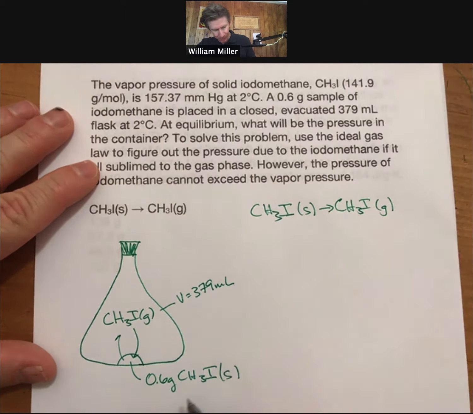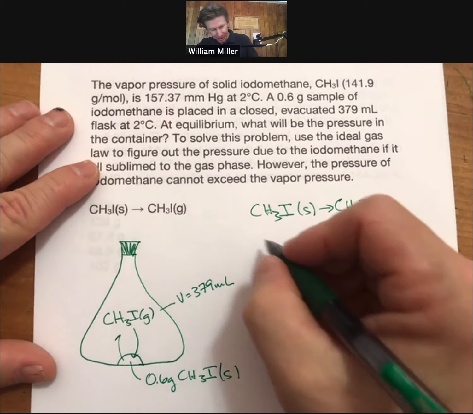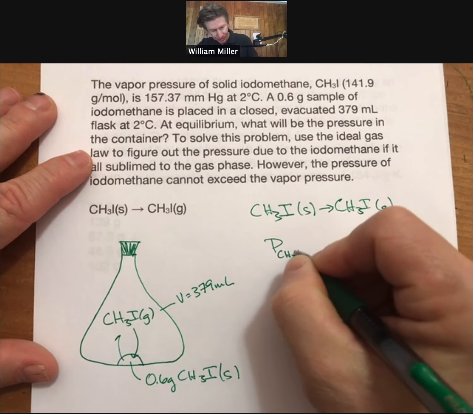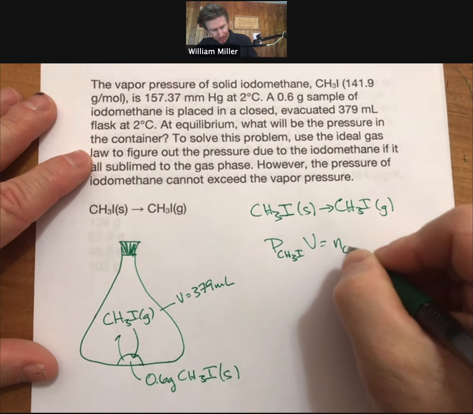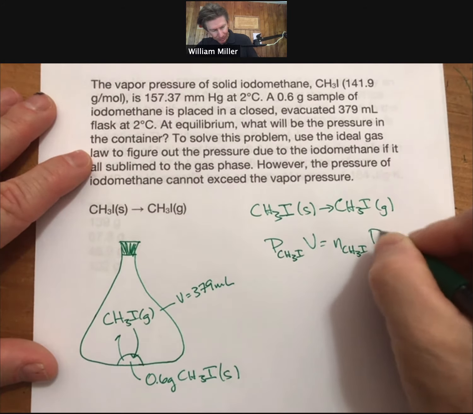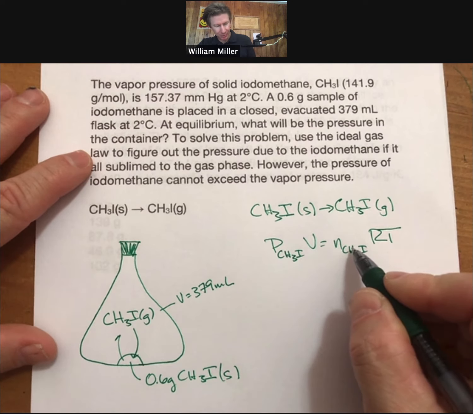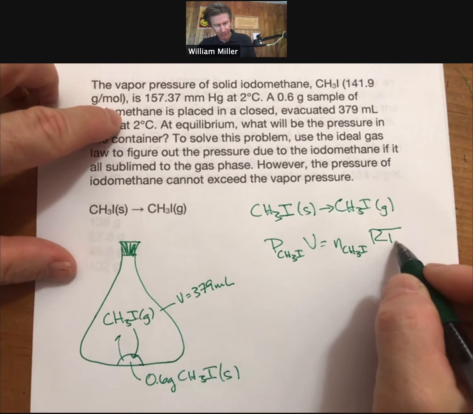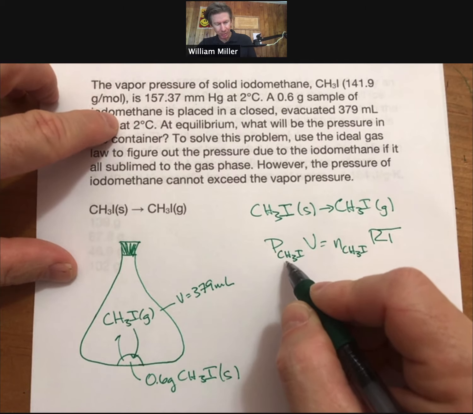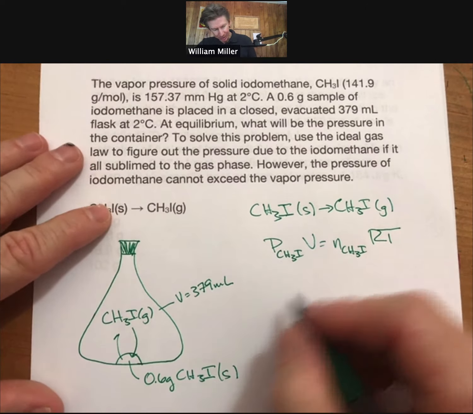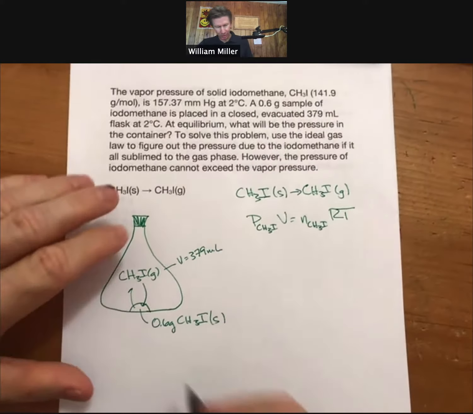So we know we have the grams, and we can calculate moles. And what we're going to do is figure out how many moles we have. We have our volume, we have our temperature. We'll figure out our partial pressure. Now, to do that, we need moles. Moles is going to be the 0.6 grams.